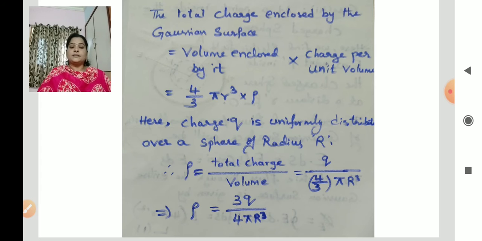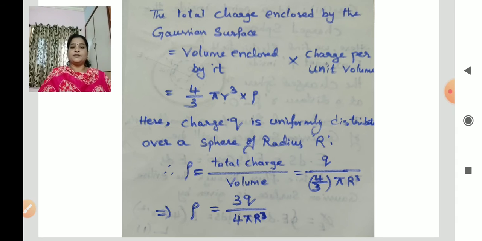So what is volume charge density? Volume charge density rho is given by charge per unit volume. From that I can find out the value of the charge enclosed by the Gaussian surface. The charge will be equal to volume into rho. So the total charge enclosed by the Gaussian surface is equal to the volume enclosed by it into charge per unit volume.